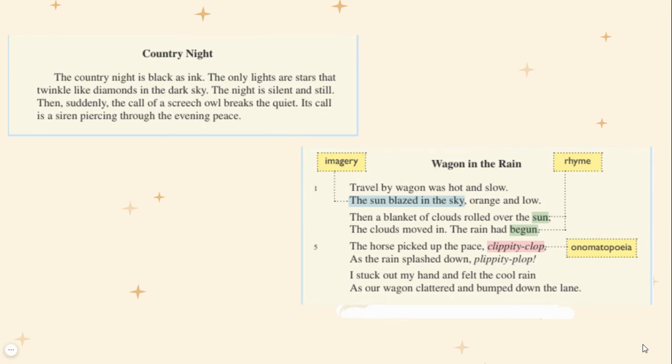Dark night, piercing screech. "Wagon in the Rain," on the other hand, uses sound devices, rhyme, and onomatopoeia to give a more casual or light-hearted voice. Sun blazed, orange and low, blankets of clouds, clippity-clop, plippity-plop, felt the cool rain.